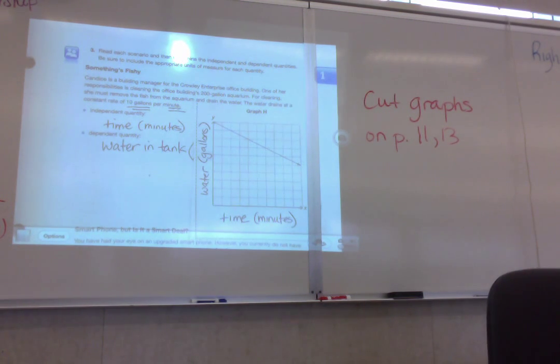Okay, let's take a look at smartphone. Chris V, could you read about smartphones, please? You have had your eyes on an upgraded smartphone. However, you currently do not have the money to purchase it. Your cousin will provide the funding as long as you pay the interest.